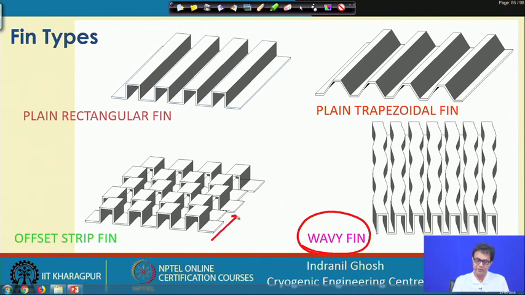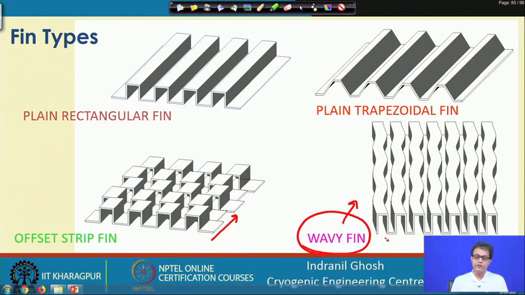Here you can see there is a discontinuity in the fin, we are interrupting the fin at regular intervals, but in this type it is a continuous fin geometry, yet its waviness gives us the desired flow separation and breaking of the boundary layer at regular intervals, causing enhancement in the heat transfer coefficient along with the enhancement in the heat transfer surface area. So, this is a wavy fin.